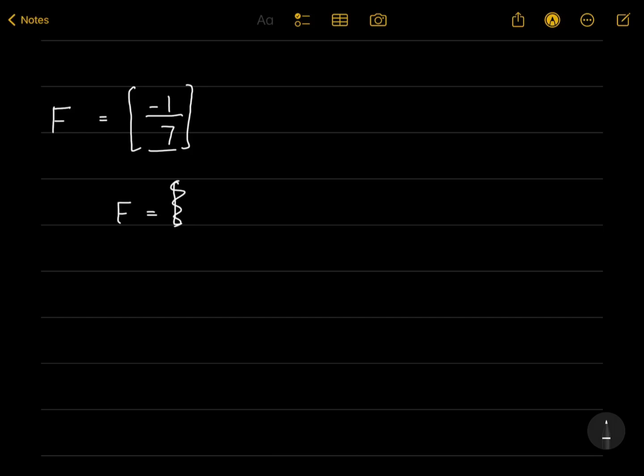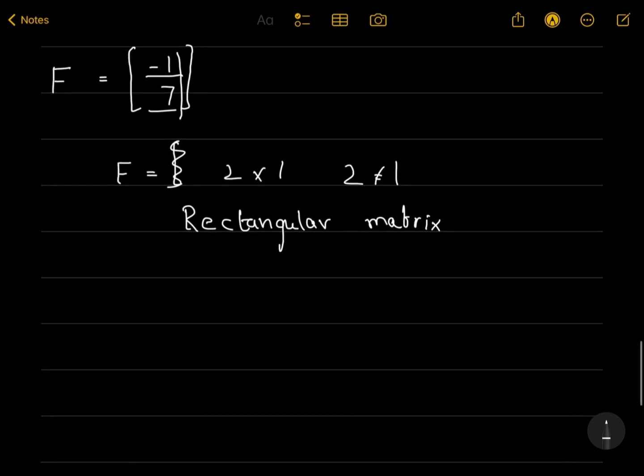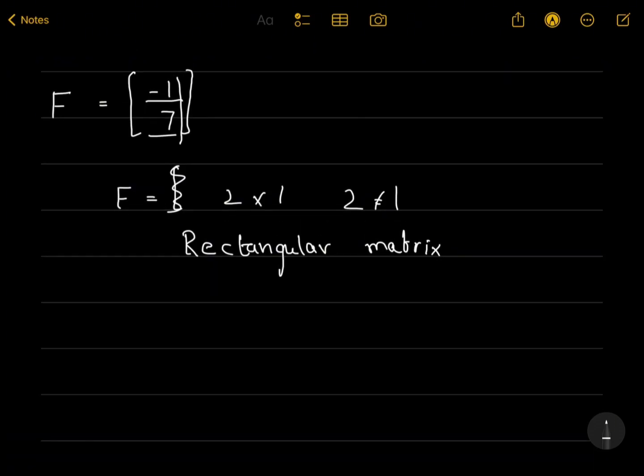So 2 rows and a single column. So 1 column. 2 is of course not equal to 1, and this is also a rectangular matrix. So with this, our first question reaches an end.